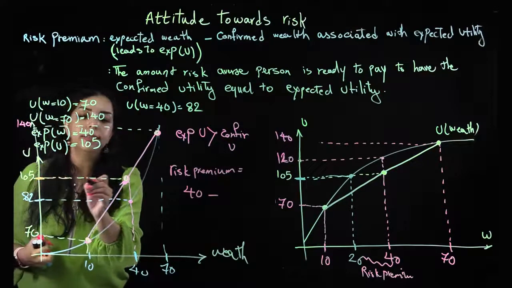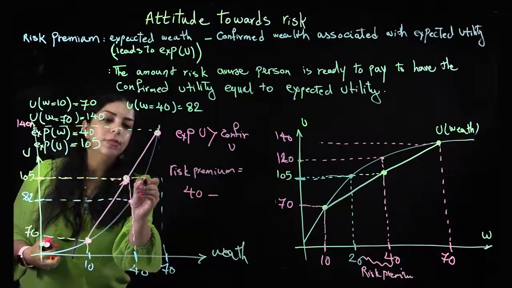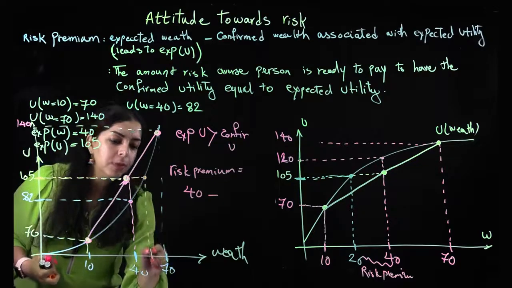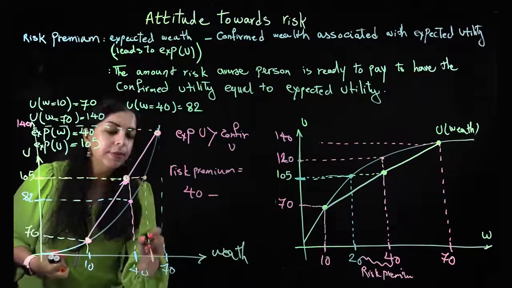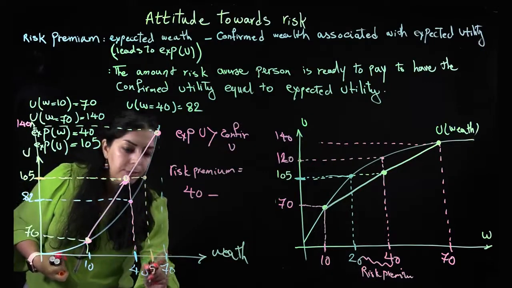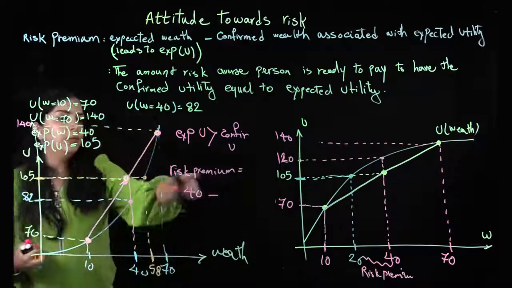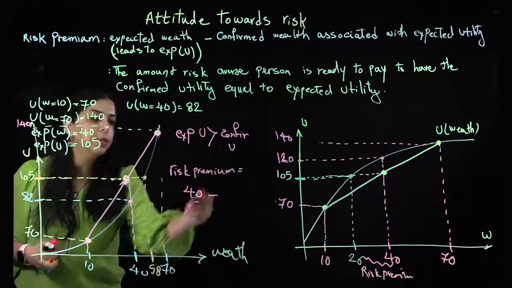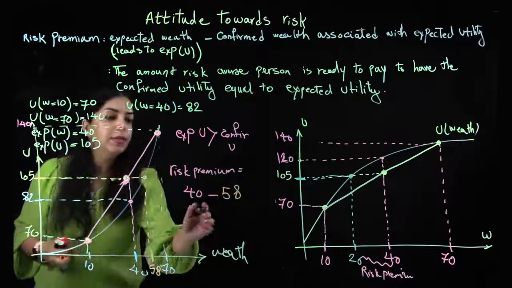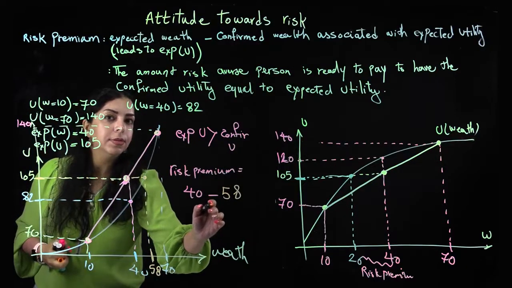I take this until I reach the utility curve and then I come down. The amount here is the confirmed wealth associated with that. The book has given that this number is 58. So to calculate the risk premium, it is 40 minus 58. Is this number negative or positive?